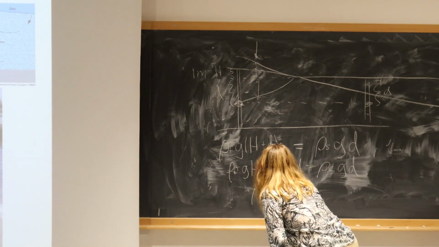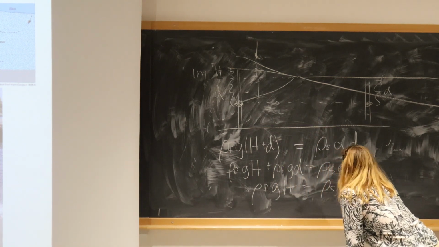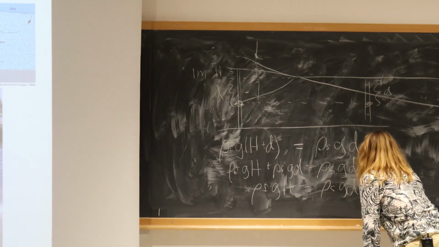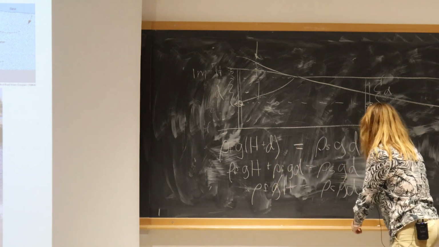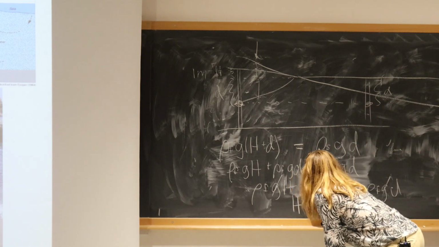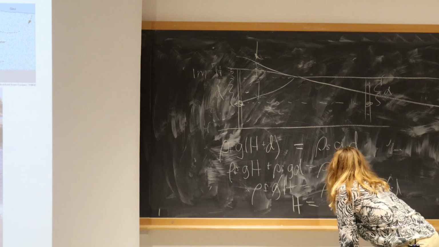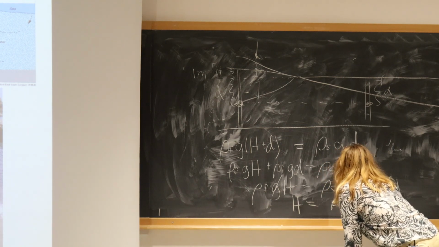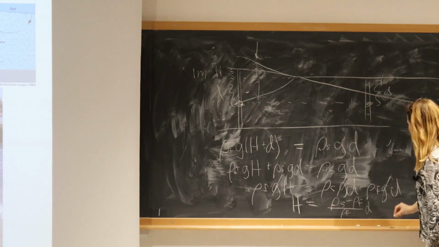Rho F G H equals rho S G D minus rho F G D, right? And then we can of course cancel out our G's. And then if we do all that, we can relate our H. Maybe it's easier if we do it the other way: H is equal to rho S minus rho F over rho F times D.